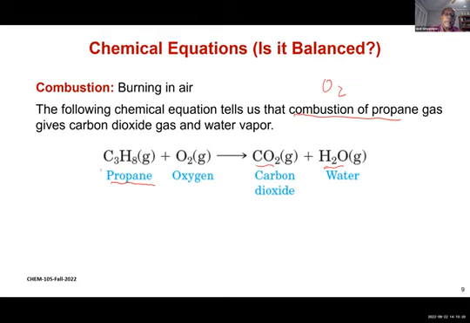So when you look at this, carbon dioxide and water are the products. Reactants are propane and oxygen. Someone could ask, what are the reactants? You have to identify propane and oxygen. So the question is, is this reaction balanced?